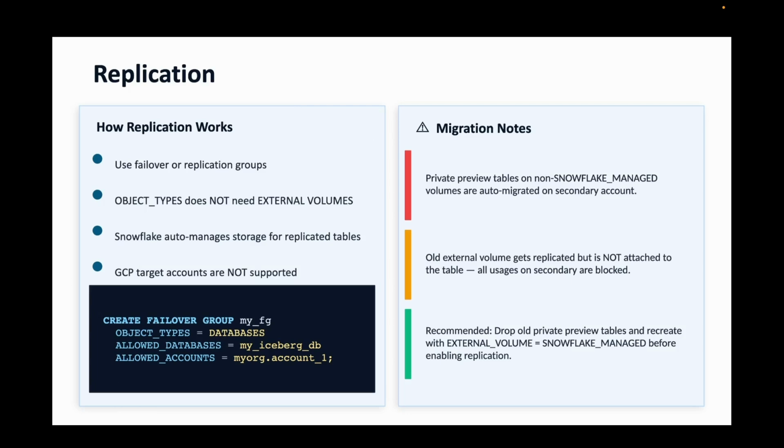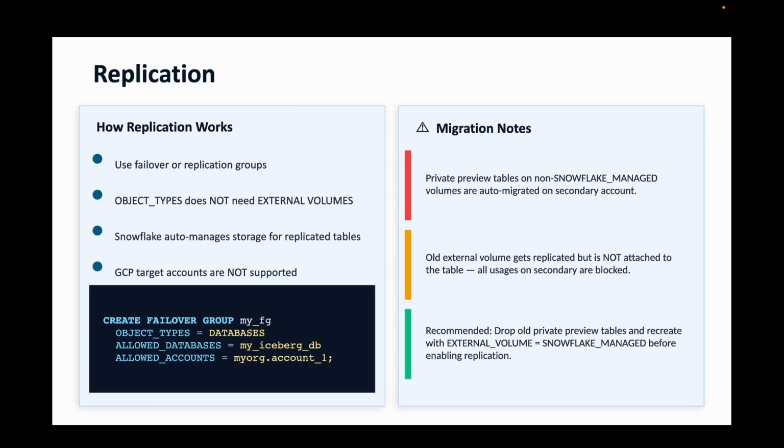When you create a failover, you create a failover group on the primary account and include the object types. In this case, you have provided databases. Allowed databases is whichever databases I want to select. And for allowed accounts, I'm going to give my primary account here. Now, I'm going to replicate this to my secondary account.